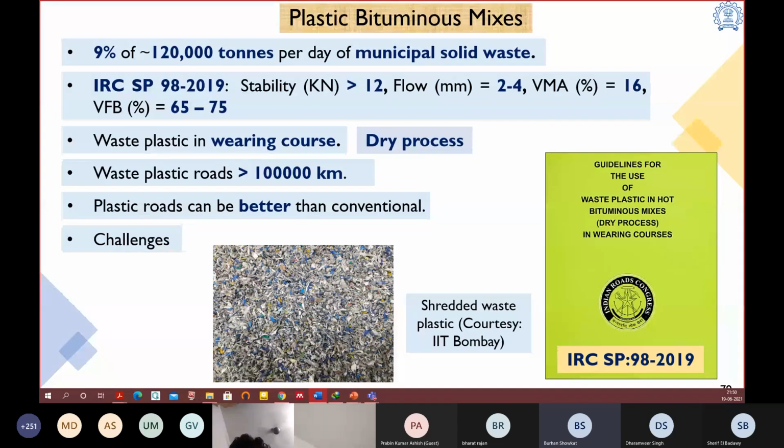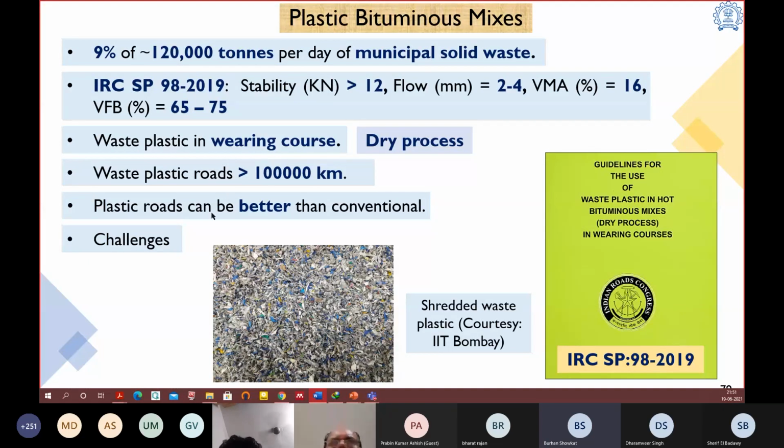As far as the performance of these plastic roads is concerned, they have been found to be better than conventional ones in terms of resistance to deformation, resistance to water-induced damage, improvement in durability and fatigue life, improved stability and strength, and so on. And it is also sustainable, which is an added advantage.